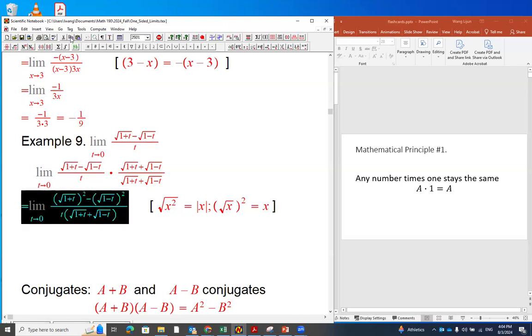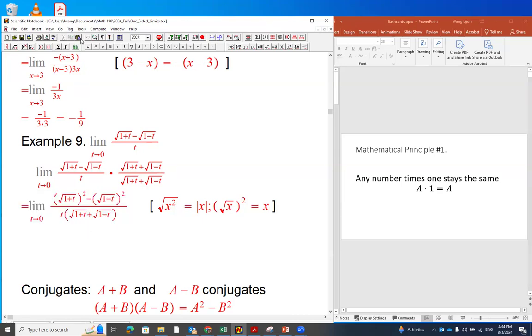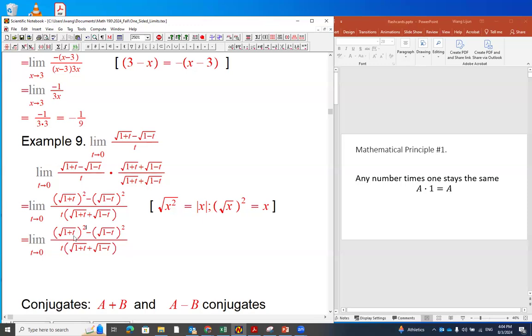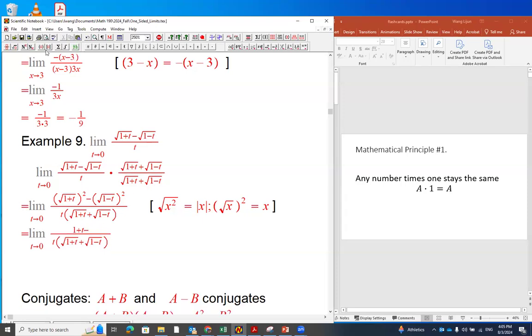So we're going to keep going. Okay, so this piece equals just 1 plus t. And the latter one is going to be 1 minus t. Okay, so I'm being very careful. I put a little parentheses there, 1 minus t.